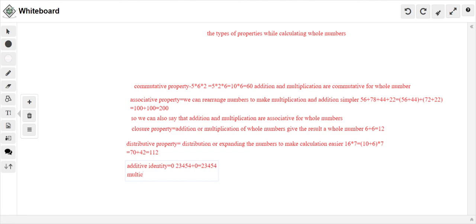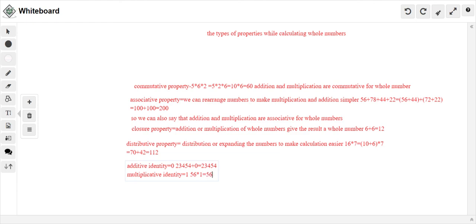And there's another, multiplicative identity, which is just 1. This is just the same thing. If you multiply a number by 1, the answer is just the number itself.